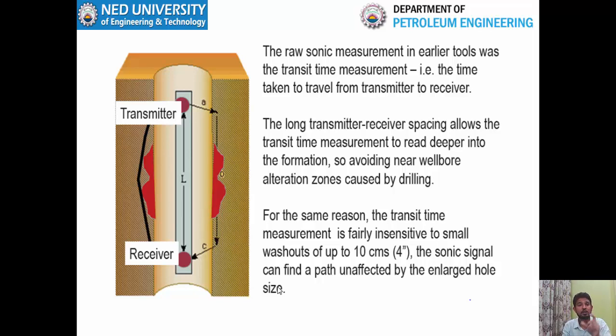The density tool has a very shallow depth of investigation, and most of the readings come from around a few inches from the tool. But in the sonic tool, as mentioned in this slide, you can have a formation reading even if you have a small washout.